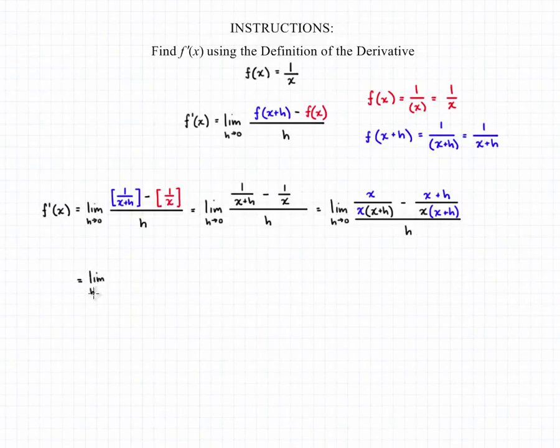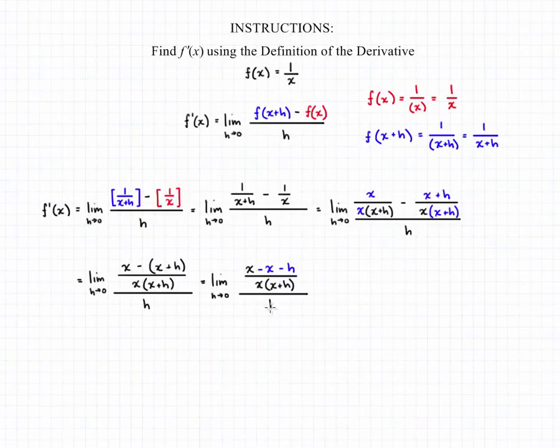Now if we use our common denominator and combine our fractions, and we subtract, we'll have x minus the quantity x plus h over x times the quantity x plus h, all still over h. And if we distribute through that negative from the subtraction, we'll have x minus x minus h, and that will be over x times x plus h, all divided by h.